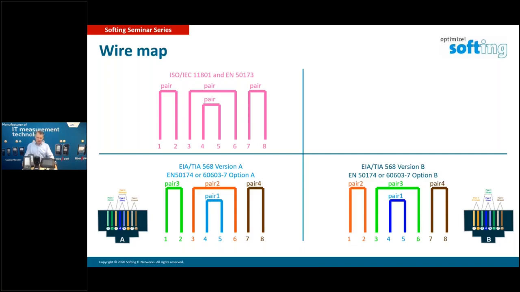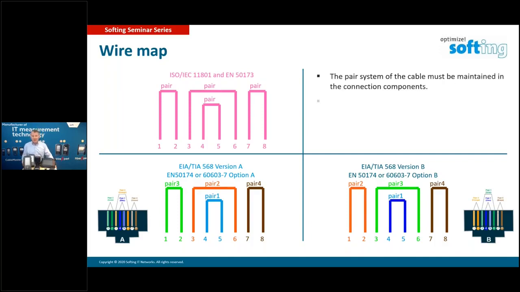So you have two versions to connect your cable to the RJ45 pins, and what you see, the difference between version A and B is that pairs 2 and 3 change places, which is not a huge thing. You could say version A is the advanced one and version B is behind A, but there is no ranking between these two versions. You can use both versions. That's definitely your choice.